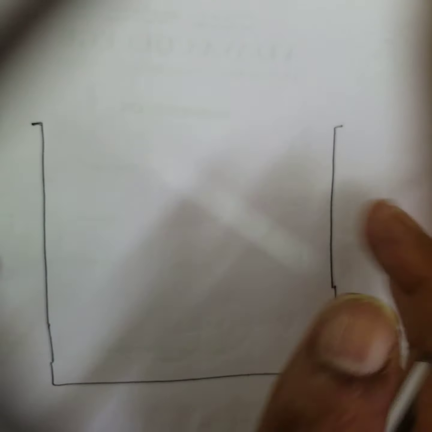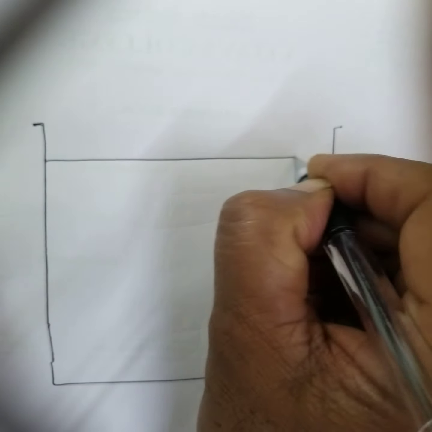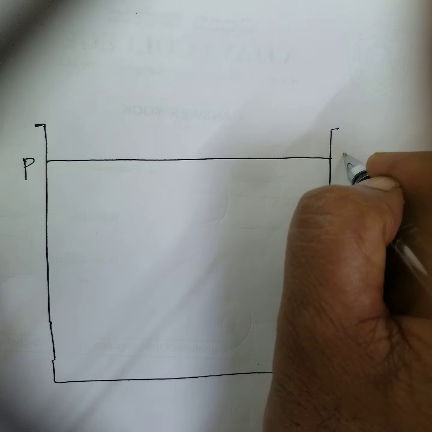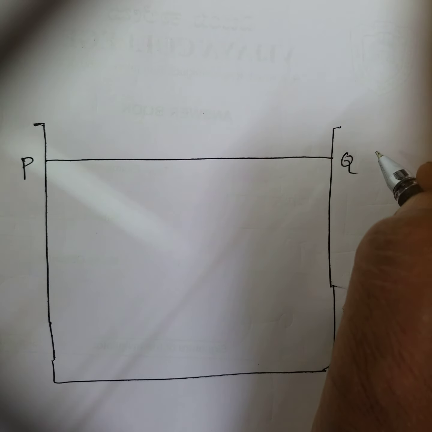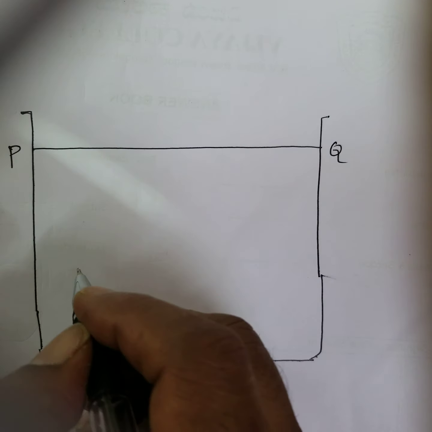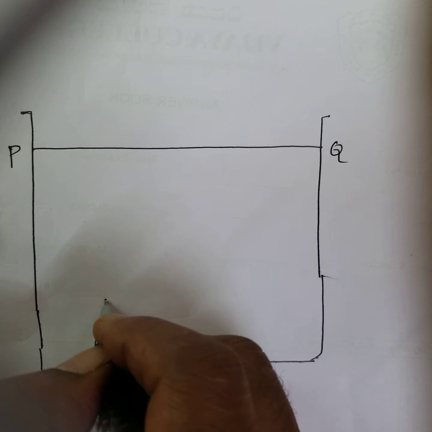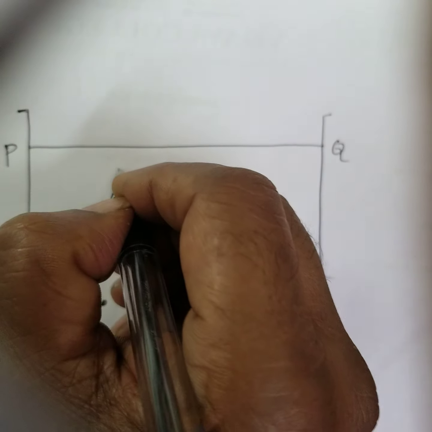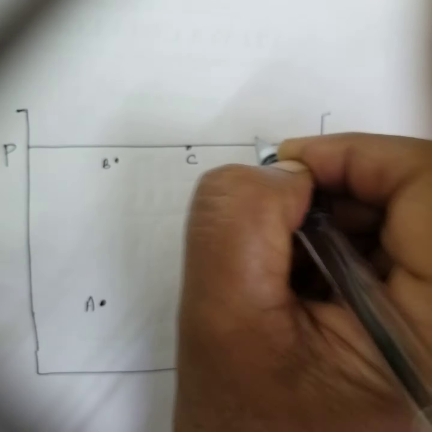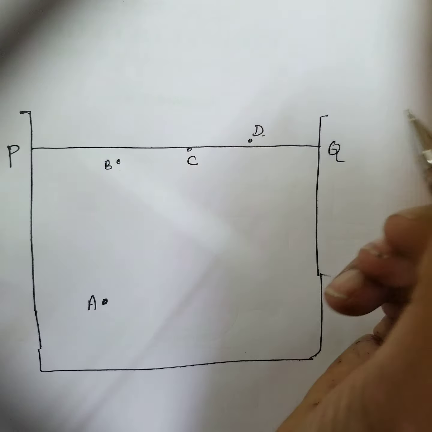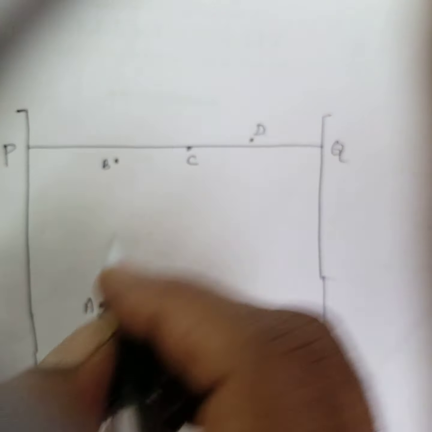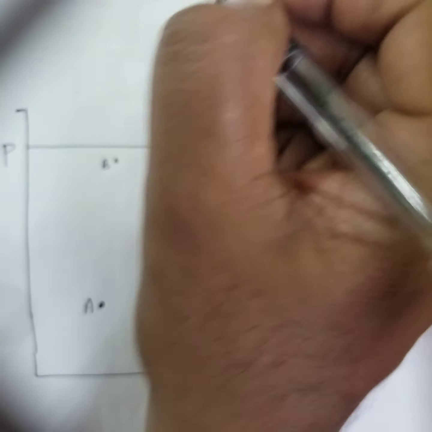Now consider a trough containing water. That is PQ is the surface, right? Surface of water. Consider four molecules. Suppose a molecule A, a molecule B, a molecule C, a molecule D of a liquid with the sphere of influence drawn around it. What is the sphere of influence? That means sigma is the sphere of influence.